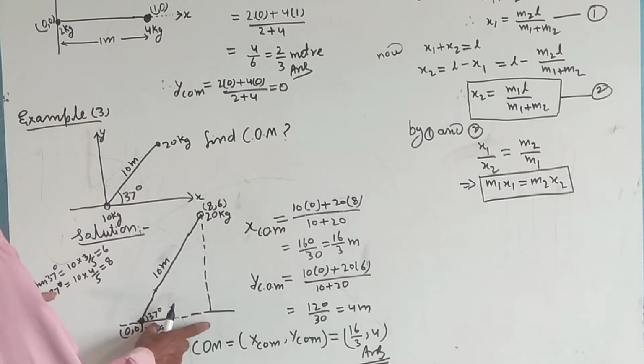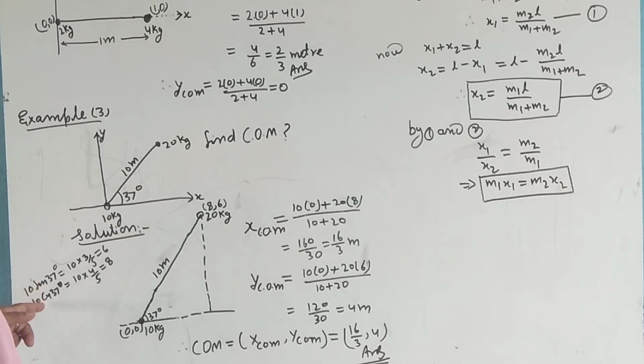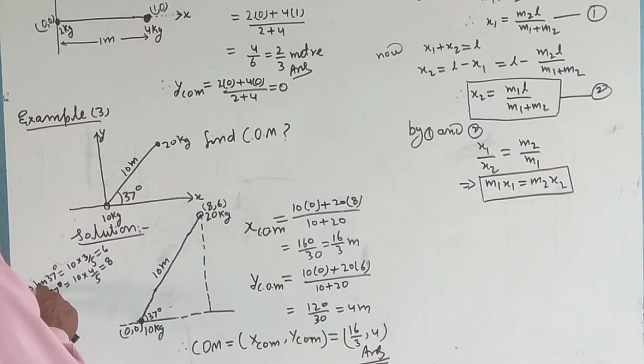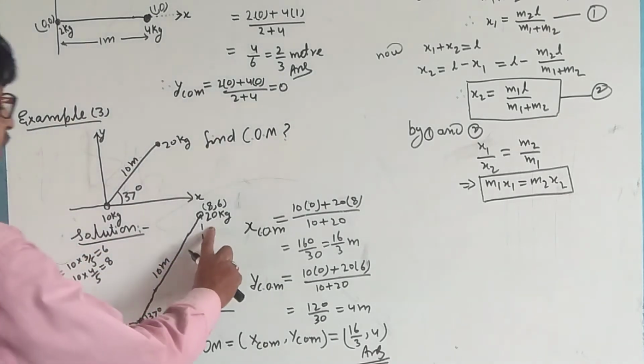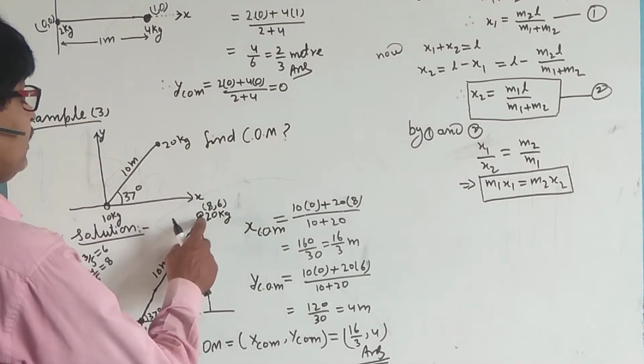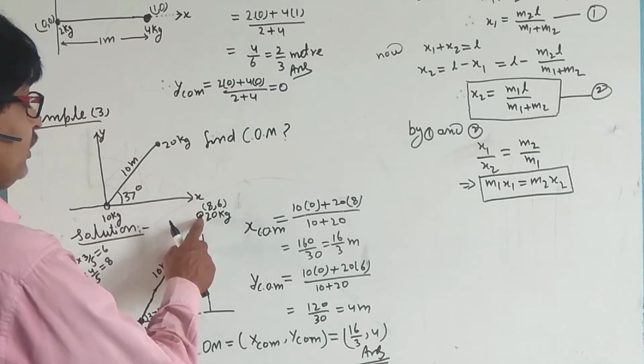This is 10 cos 37 degree, 10 into 4 by 5 is 8 meter, and sin 37 degree is 3 by 5, so 10 into 3 by 5 is 6 meter. So the coordinate of this is (8, 6).